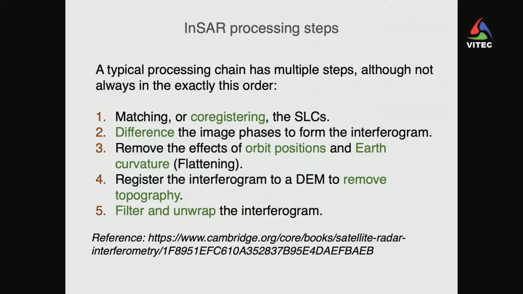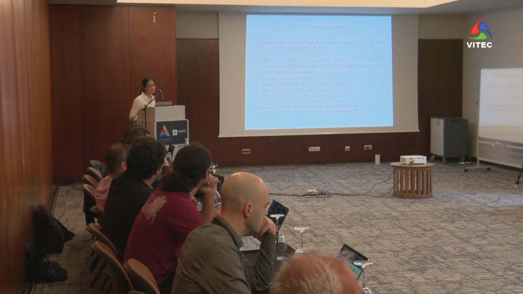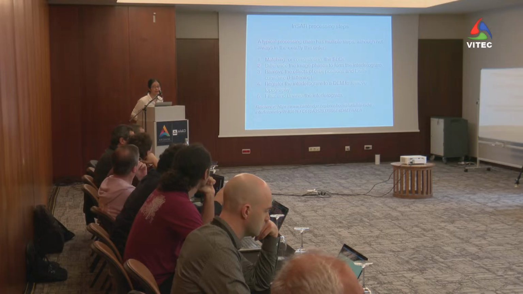Azimuth means where you are at the satellite position, range is how far away you are from a given pixel. So the images are delivered in this SLC format in radar coordinates, and in order to get an interferogram, which is basically finding the same pixel among all the images and calculating the phase difference, that's the interferogram. It usually comes with these steps.